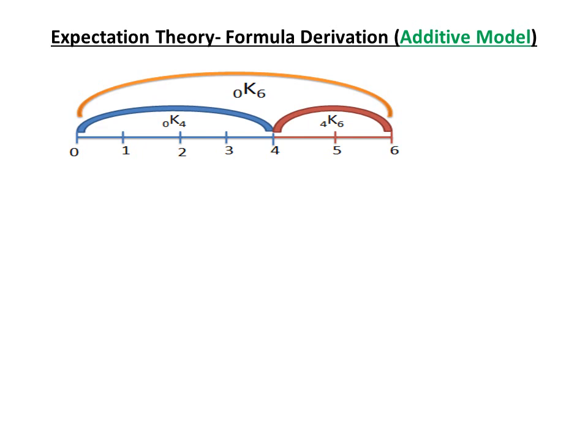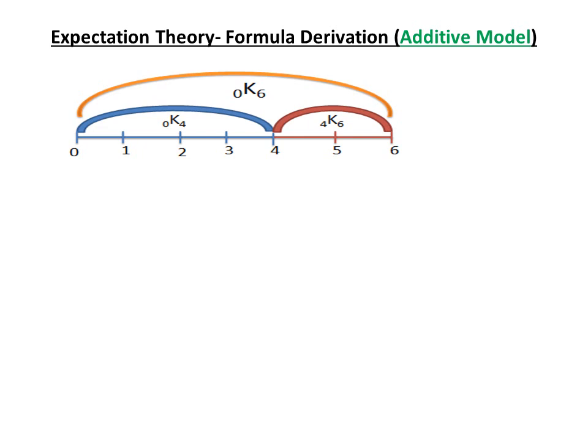and the interest rate of the 4-year security is 0K4, the blue curve, and the red curve is the interest rate of the 2-year security, but the 2-year security is from 4 years from now.